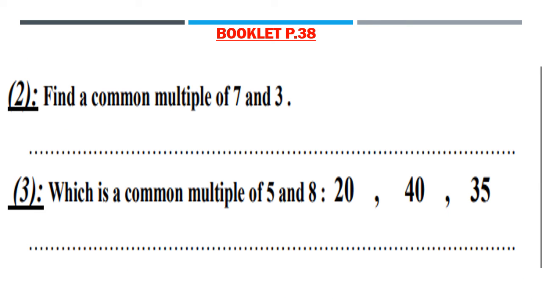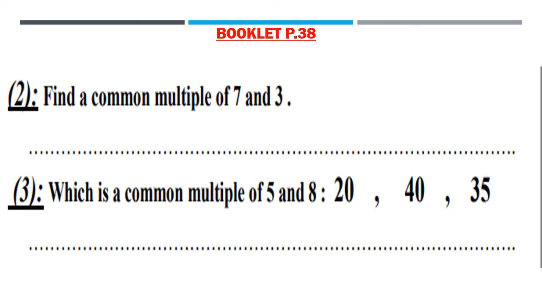Rest of page 38, exercise number 2. Find a common multiple of 7 and 3. This exercise we can answer in many ways. The first way, you can write some multiples of 7 and some multiples of 3 and choose a common multiple for both 7 and 3.